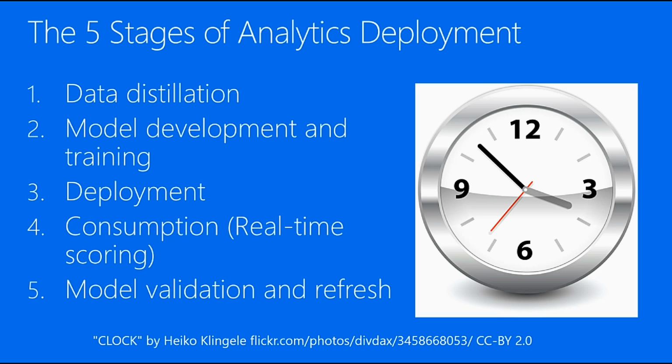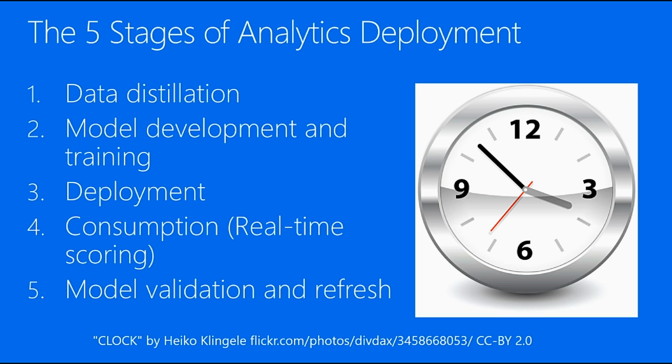So that leads us to the 5 stages of putting together a predictive analytics application and deploying it into a real-time environment. First is working with that big data and distilling it down in some sense so it's ready for a data scientist to analyze. Once we've gone through that extraction and distillation process, we need to build a predictive model. This is something a data scientist does, developing a predictive model on what's been extracted from the big data, and then training that predictive model to generate the scoring rules that we saw earlier on.